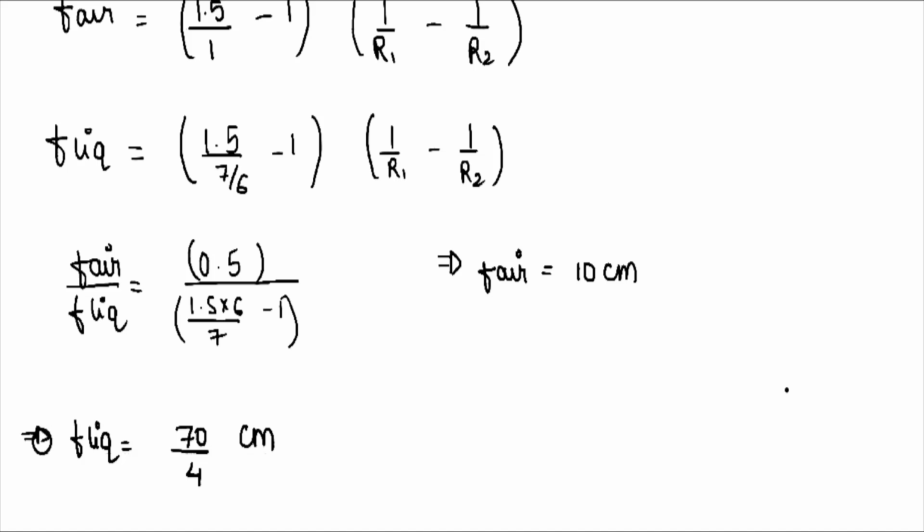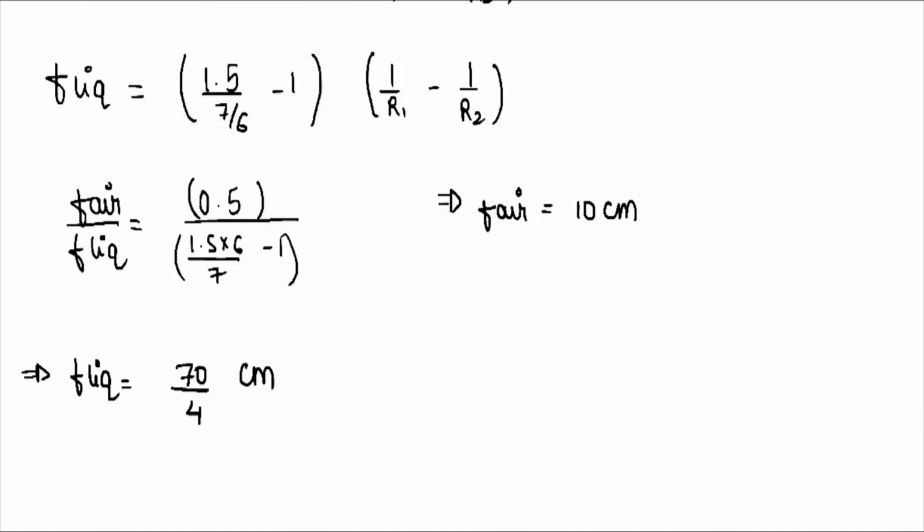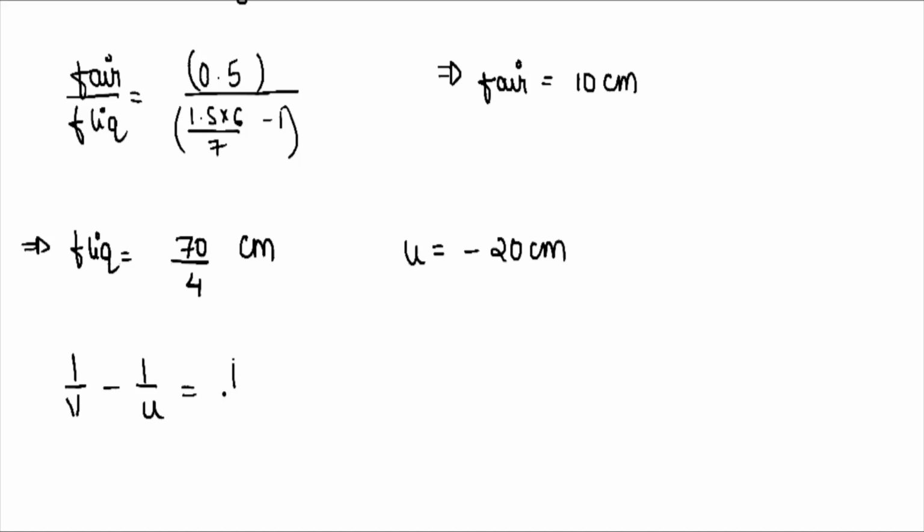Now we have to calculate the position of the image again. So we will use u, and u will be minus 20 as before. The formula will be 1 by v minus 1 by u equals 1 by f. We are still talking about the lens, so we are using the lens formula. Now our v will be 1 by f plus 1 by u.